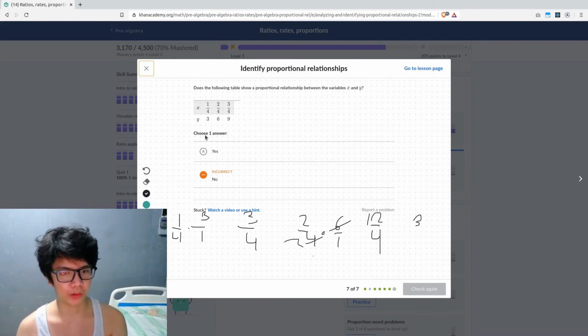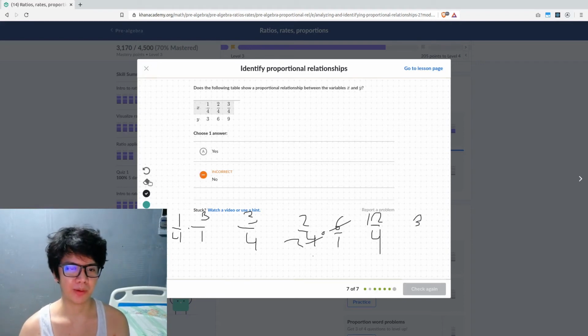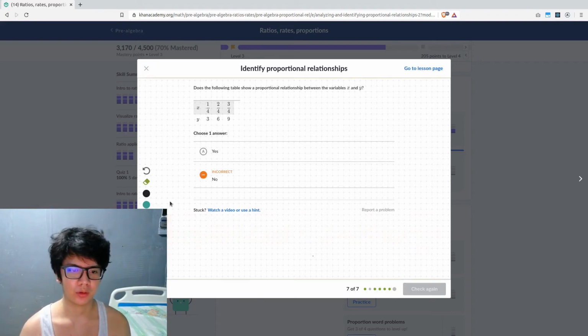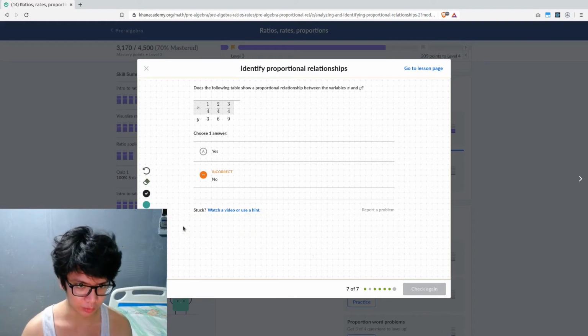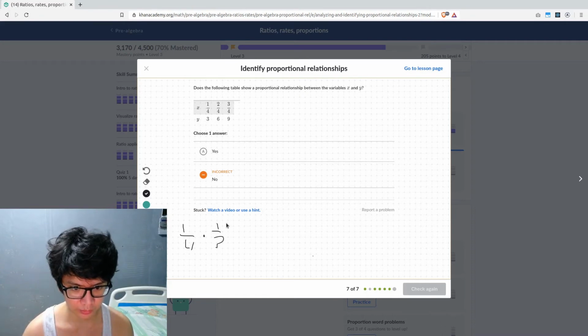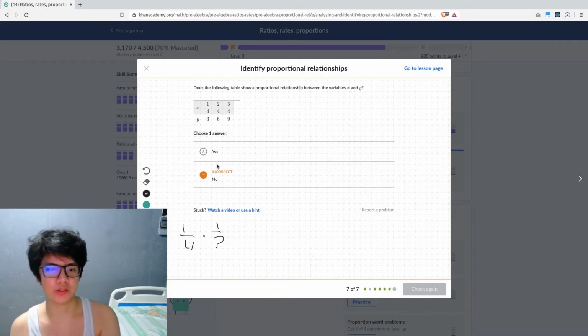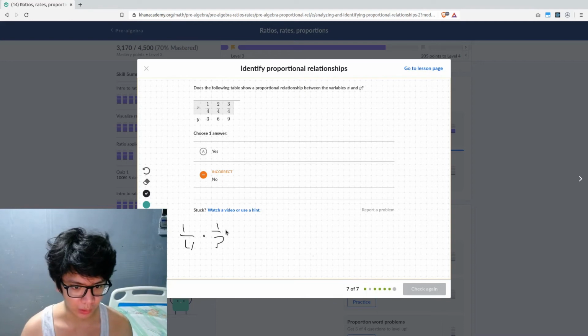1/4 times 1/3. Why am I multiplying? Oh, because I'm supposed to be dividing, so 1/4 times 3, which would be the same as multiplying by its reciprocal. 1/3, so we have 1/12.